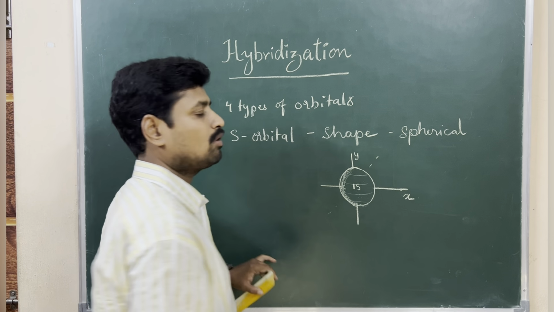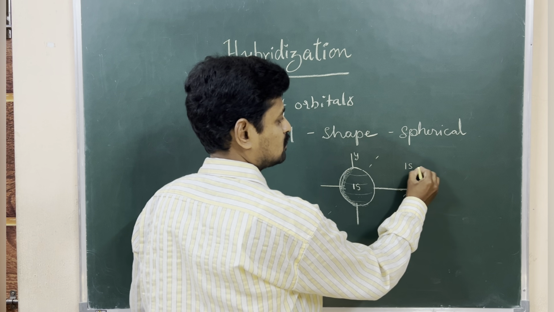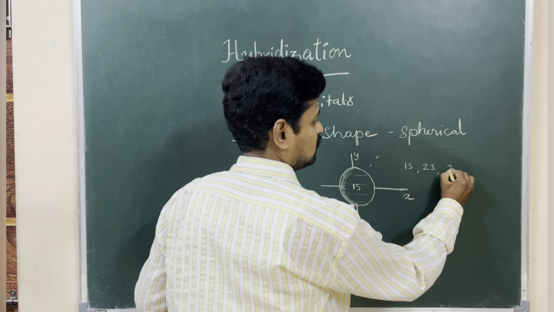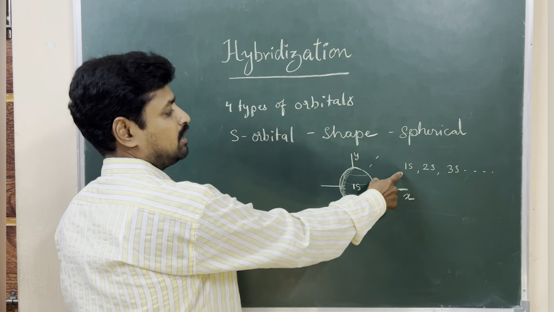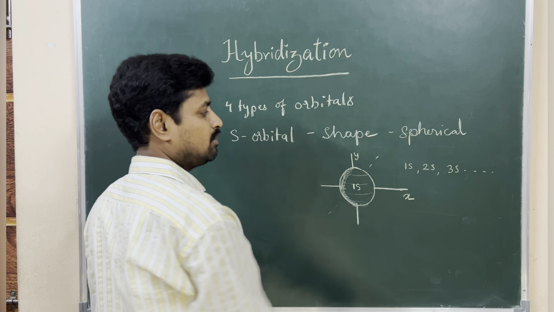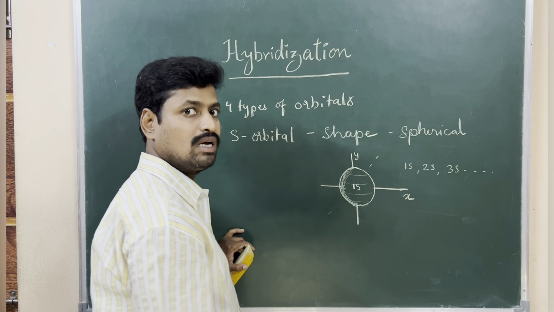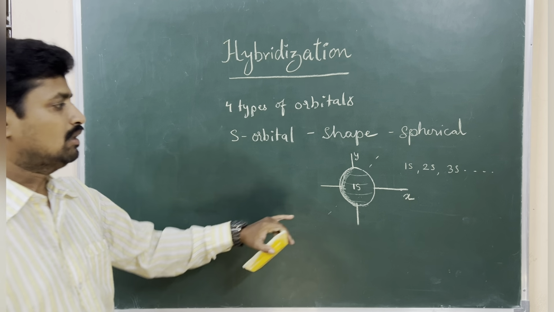This is the s orbital. Say suppose this is 1s. According to the Aufbau method, we have 1s, 2s, 3s, and so on. The 1s orbital will have the least energy, 2s will have a little higher energy, and 3s will have even higher energy.